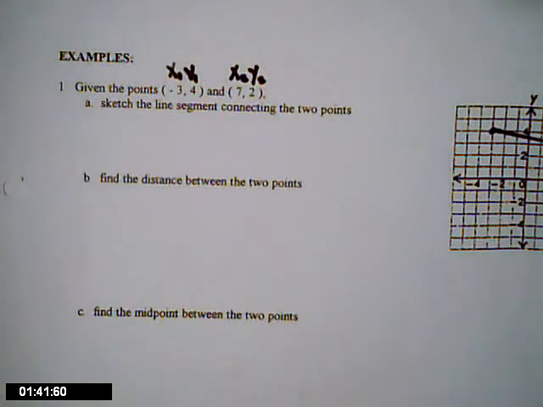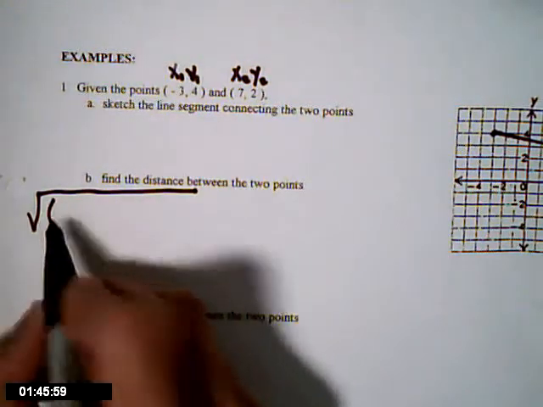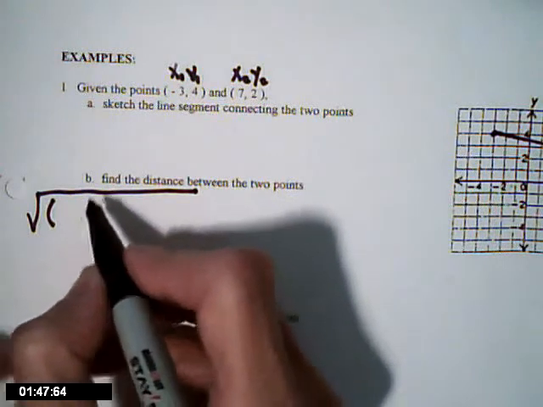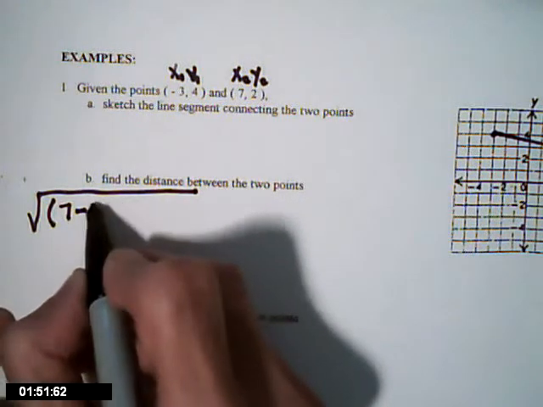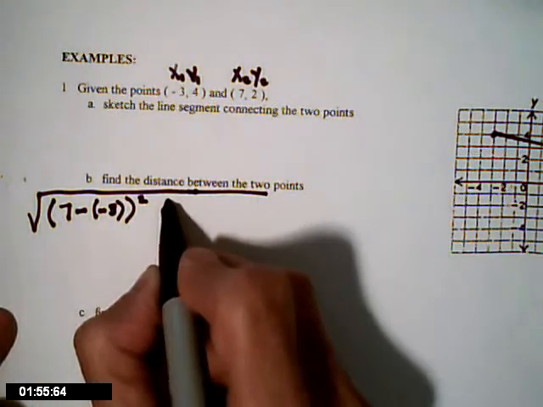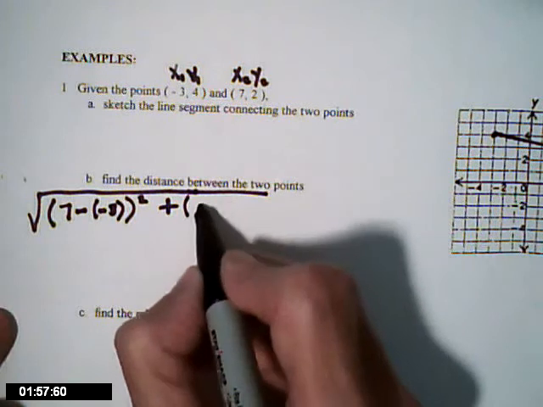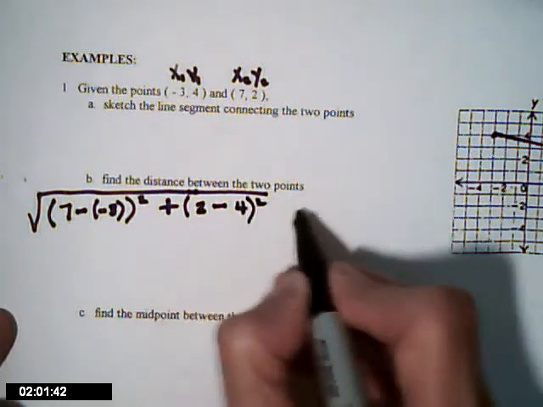Now our first formula, we're going to find the distance between these 2 points. So we're going to go under the square root and we're going to substitute. It says x2, which is 7, minus x1, which is -3, all squared, plus y2, which is 2, minus y1, which is 4, squared.